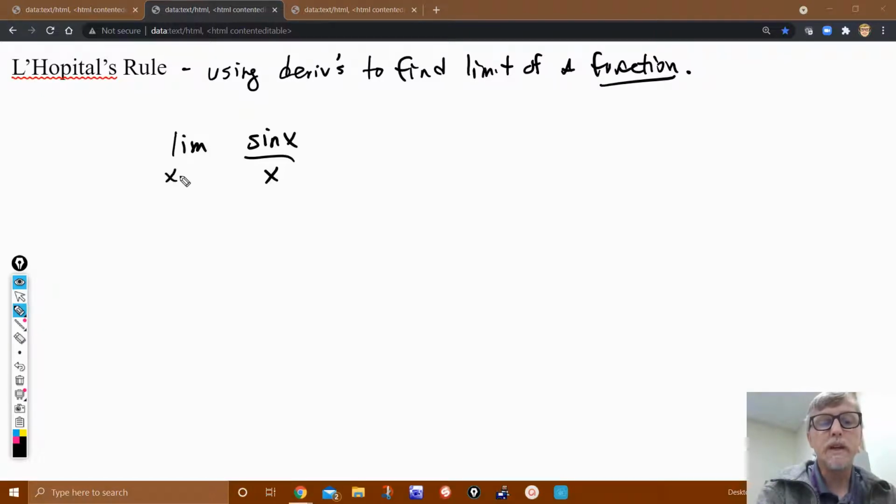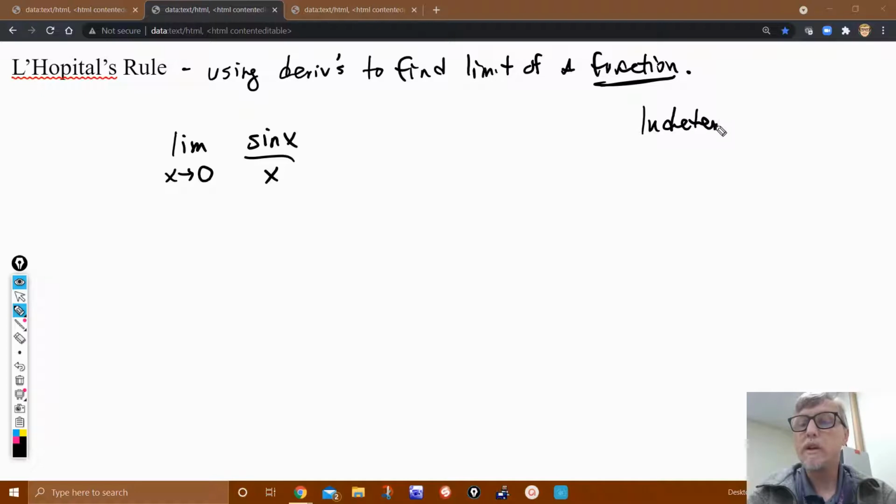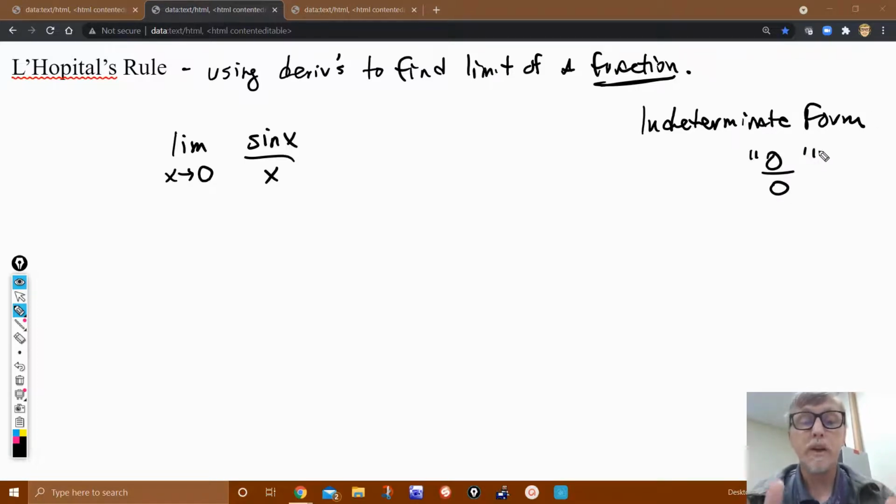If you get a fraction, right? If you get a fraction and there's something called an indeterminate form. And there's many indeterminate forms, but the most common one is 0 divided by 0. Now, 0 divided by 0 is not a number.